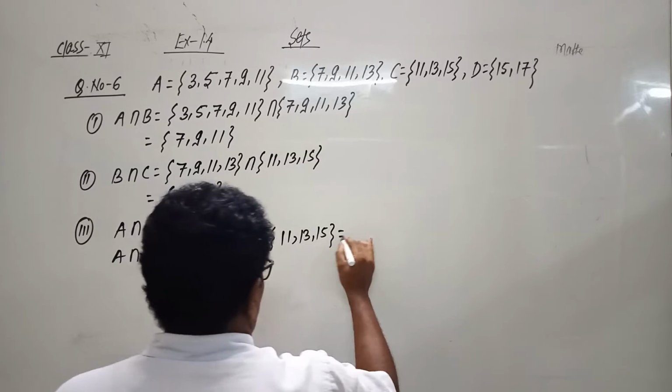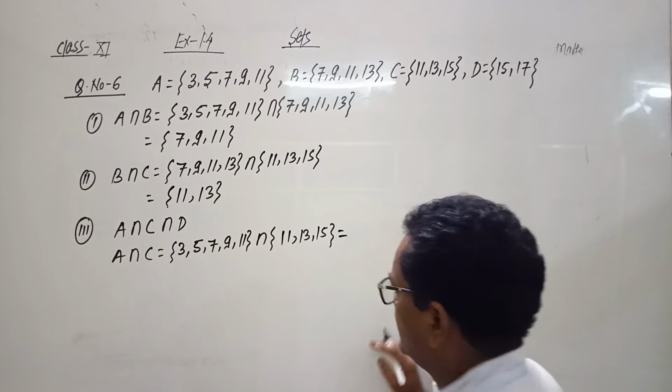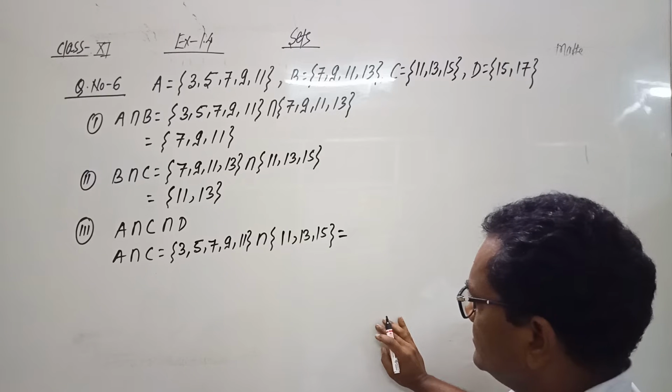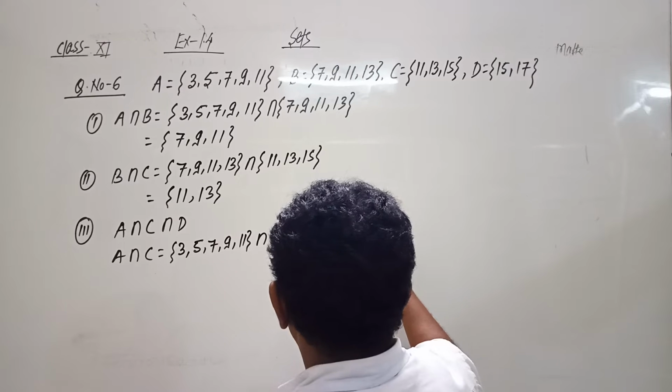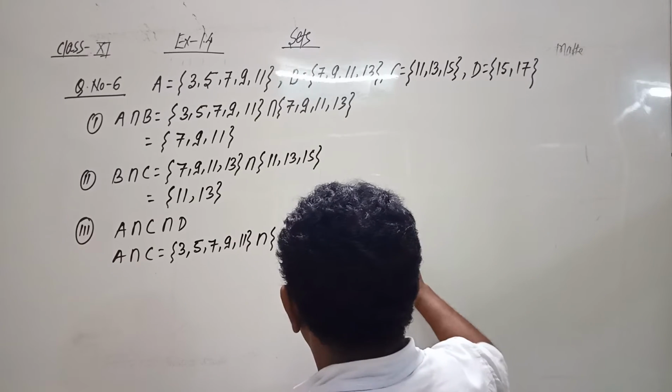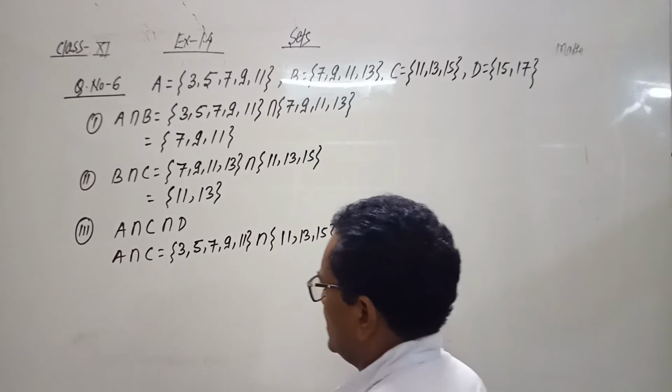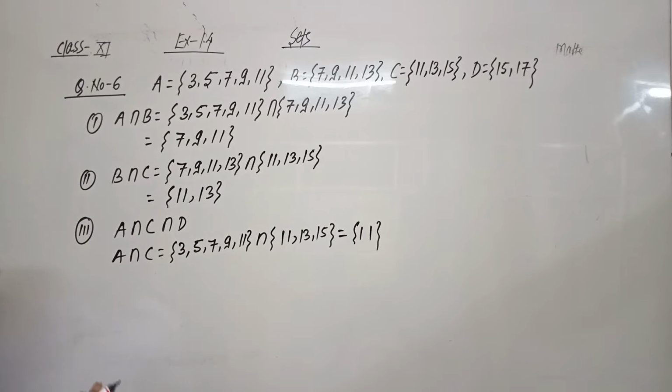What is common? Only 11 is the common term from both the sets. So we have calculated A intersection C.